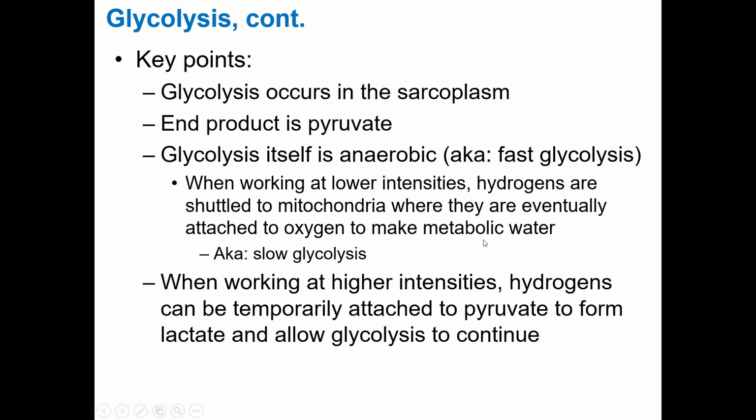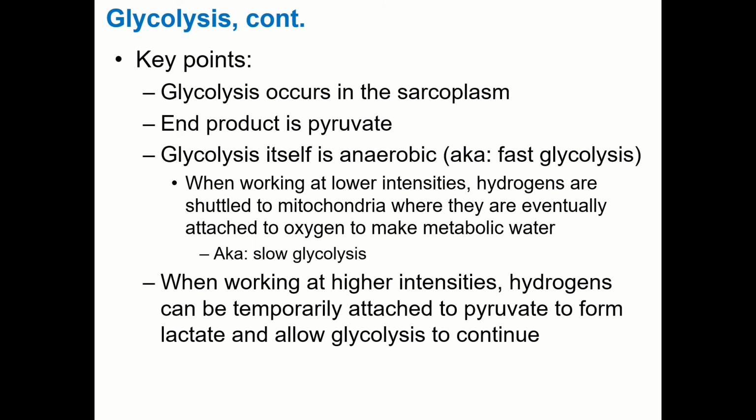When we work at lower intensities, those hydrogens that we pull off that I showed you are going to go into the mitochondria, attached to oxygen to make water. So if the end product of glycolysis is ATP and metabolic water, then that's slow glycolysis.